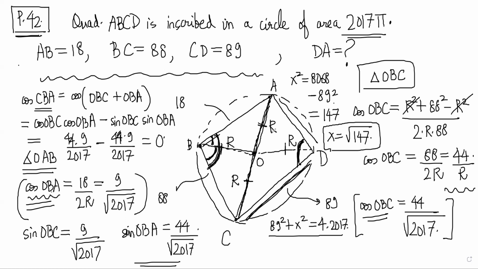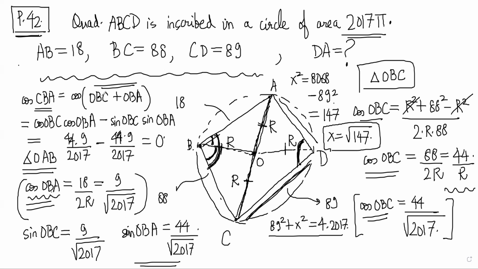I hope everyone is understanding what we did. We got the angles, one particular angle we focused on, angle OBC and OBA, we got by cosine rule, cos of those. If you know the cos values, you also know the sine values. So the overall angle is the sum of OBC plus OBA.